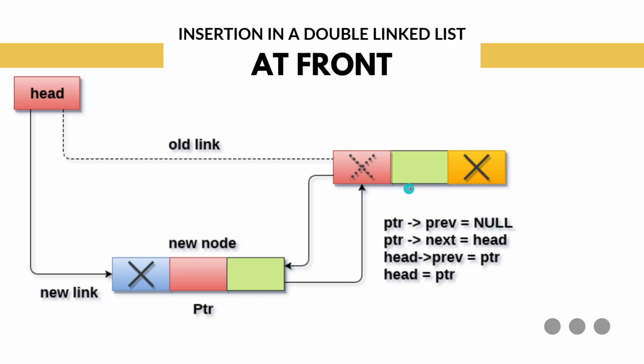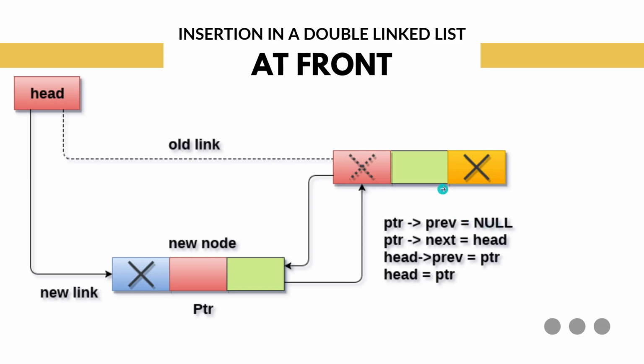So, here every node will have one data part and 2 address parts, and that is how we have made the node definition. And I hope in the last lecture you have witnessed how to do node definitions for a double linked list and how to create a node in a double linked list.